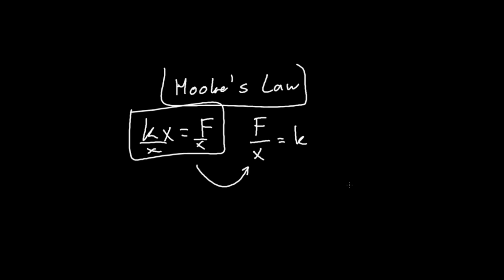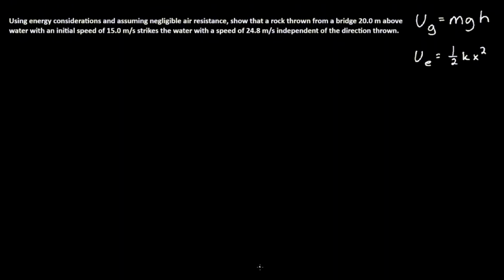So this is a somewhat important concept that you need to keep in mind for springs, but let's go on to some problems now. So in this case, you have a bridge, and that bridge is 20 meters above some river.